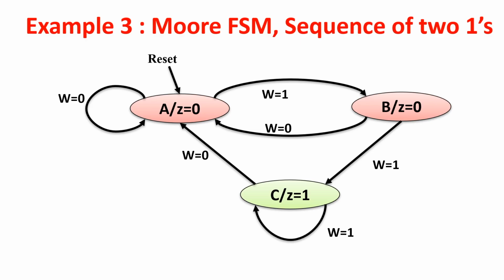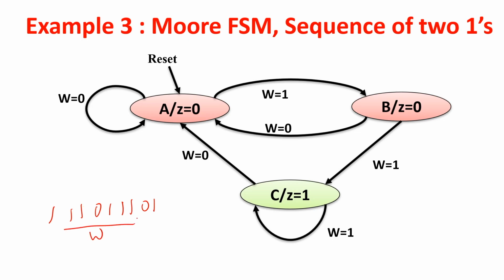And let us take another example of a Moore FSM. This FSM is for detecting a sequence of two continuous ones. Suppose W is input and W is continuously coming, suppose 1 0 1 1 1 0 1 1 1, this is W.